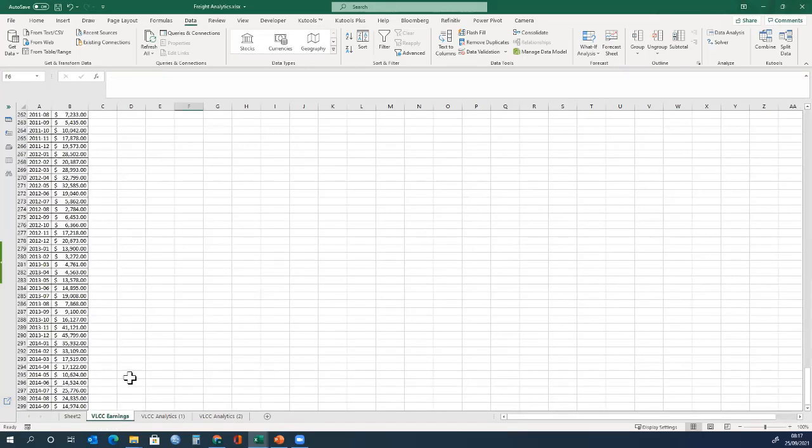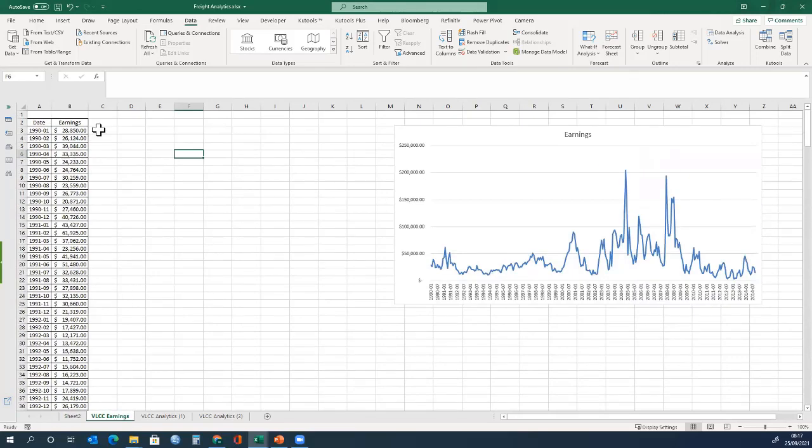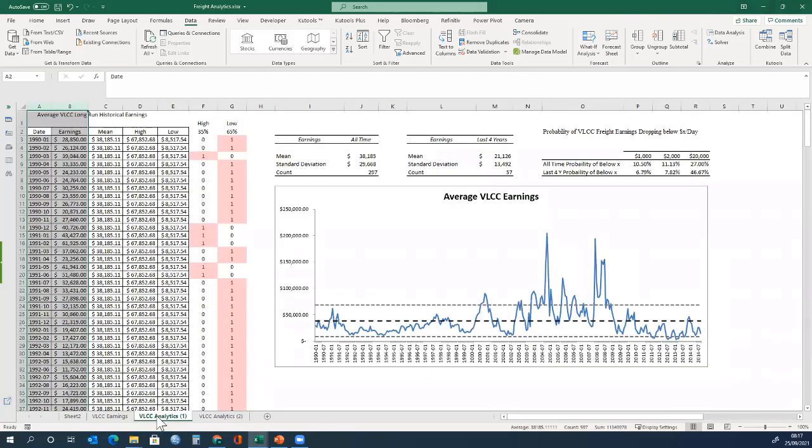Once we have done the basic statistics, we can begin to add these values and create a table like the one we have on the second sheet. The VLCC Analytics 1 sheet does this. We have copied and pasted the mean against every observation so that we can use the information for graphs, and we know what the standard deviation is.